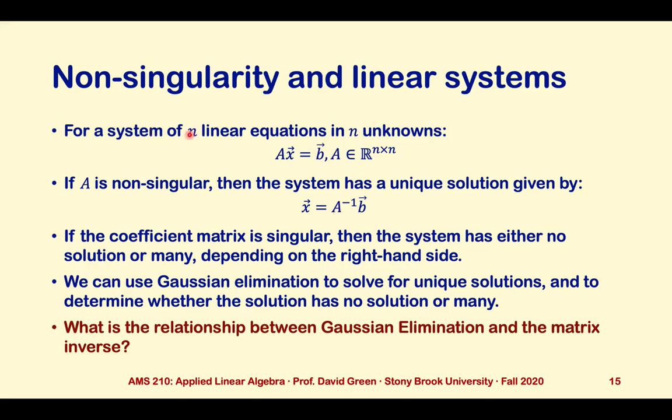For a system of n equations in n unknowns, that is a linear system with a square coefficient matrix, we've already discussed how, if A is non-singular, the system has a unique solution that can be given by the use of the matrix inverse, the inverse times the right-hand side.